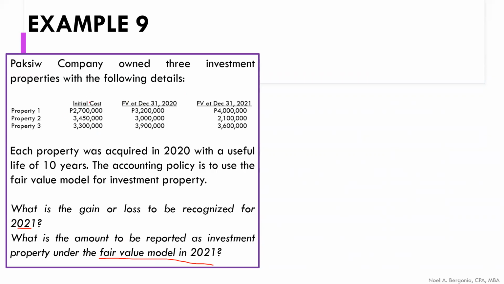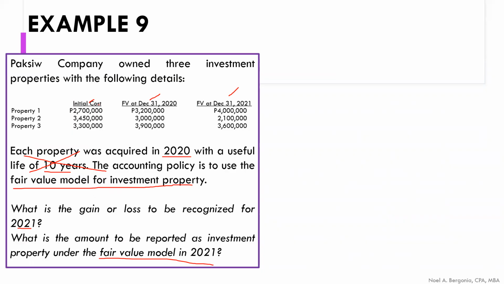So ito po yung initial costs, December 31, 2020 fair value and December 31, 2021. Each property was acquired in 2020 with a useful life of 10 years, and accounting policy is to use fair value model for investment property. So wala nang gamit yung 10 years kasi we will not be using it for depreciation.